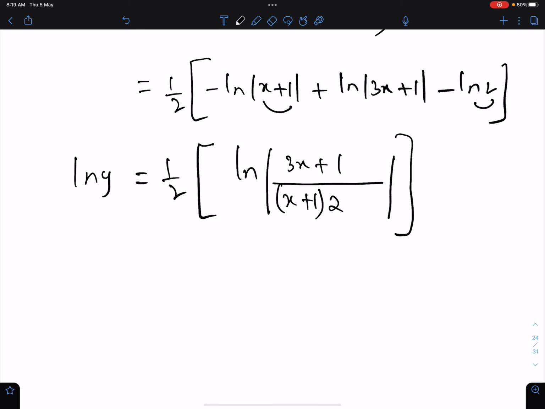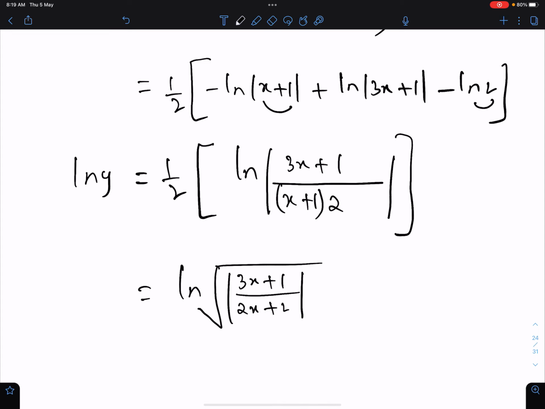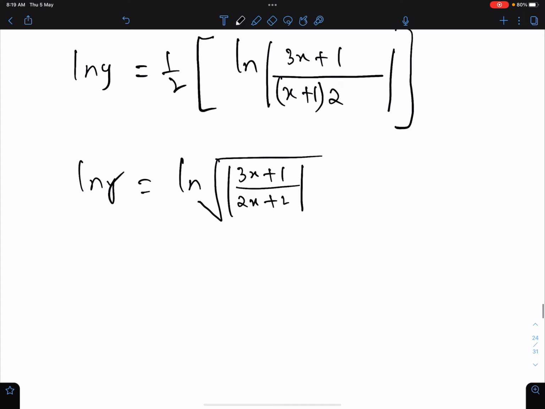And here we have ln y. We can bring this half here. So we have ln under root 3x plus 1 over 2x plus 2. Since we have ln on both sides, we can equate these two, but never cancel these two ln's. Never.